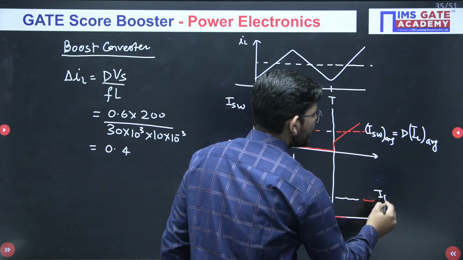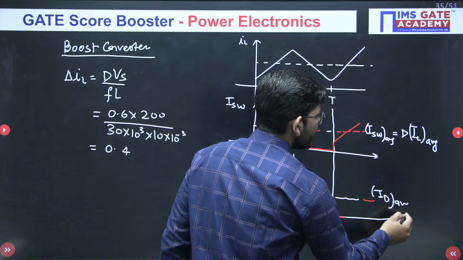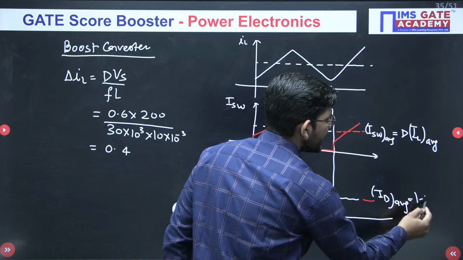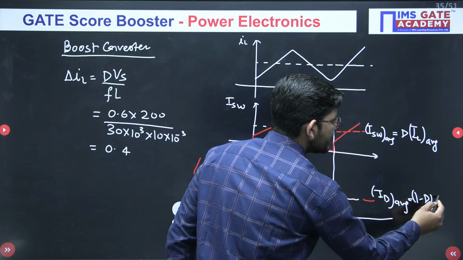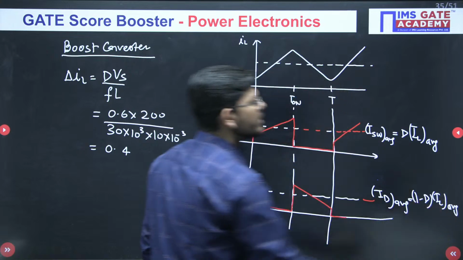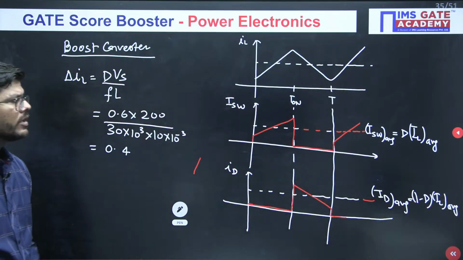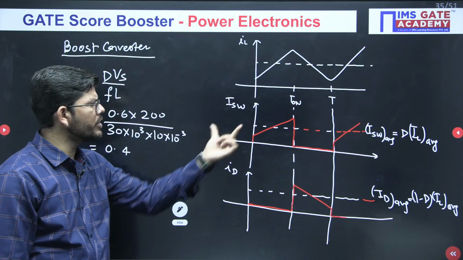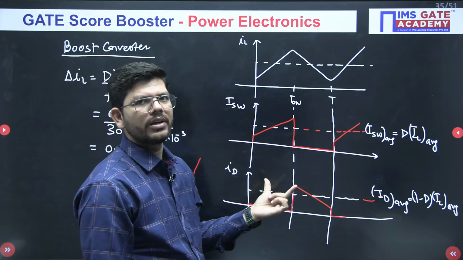What will be the magnitude? Since it is present during the off time, the off time is denoted as 1 minus D, and it is derived from the average inductor current. So we will write it like this. This is how you can get the different currents across different devices, the switch current or the diode current.